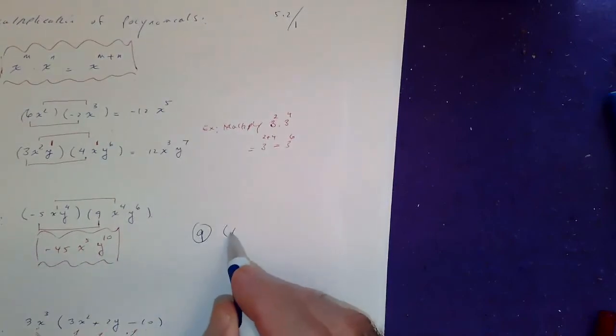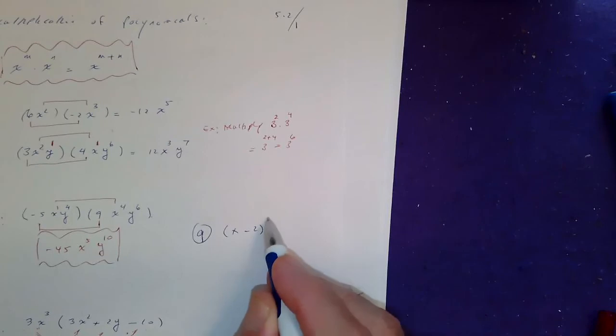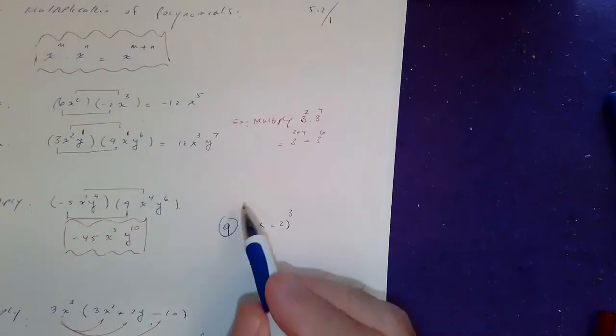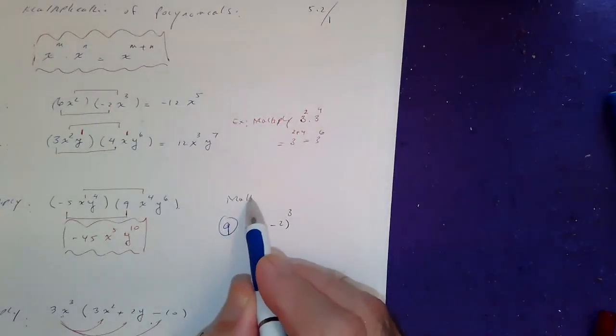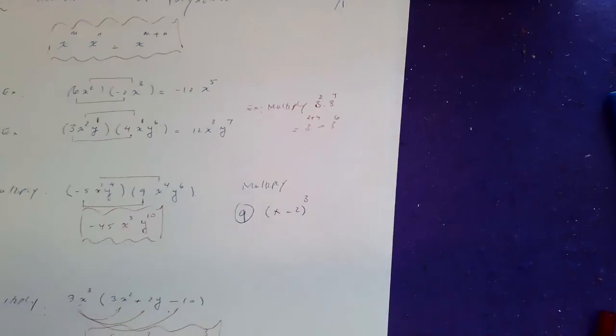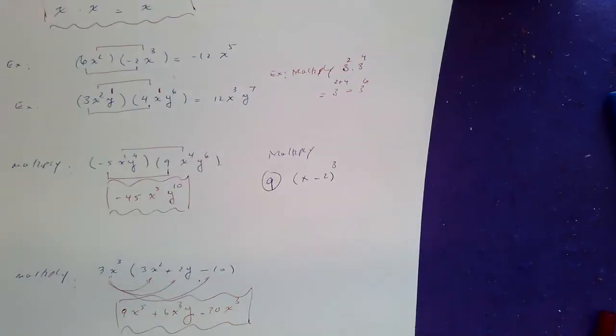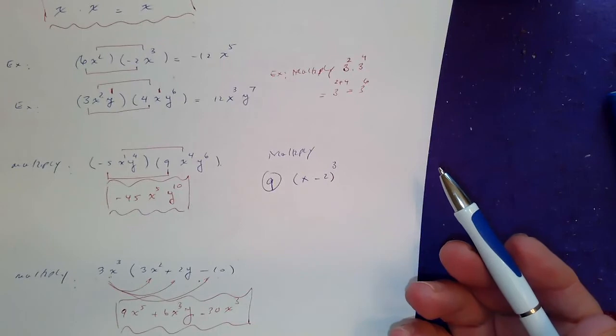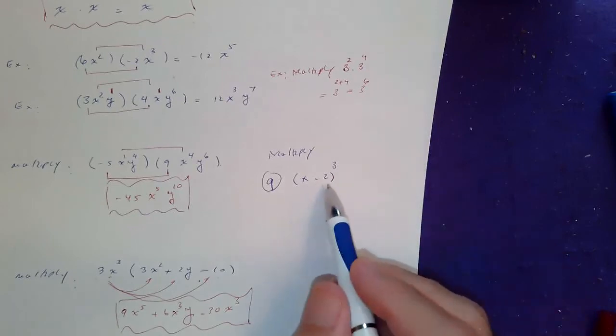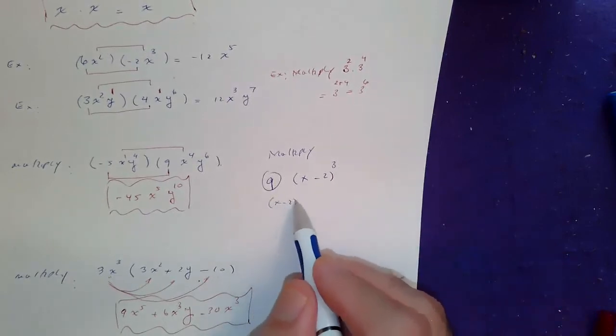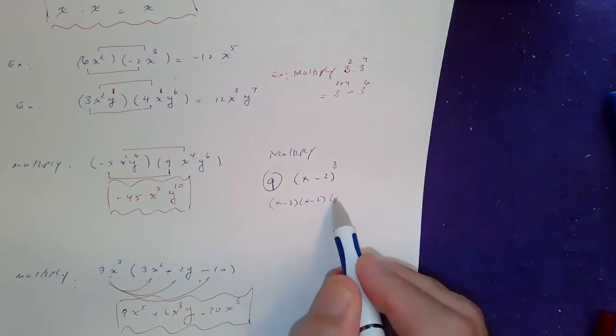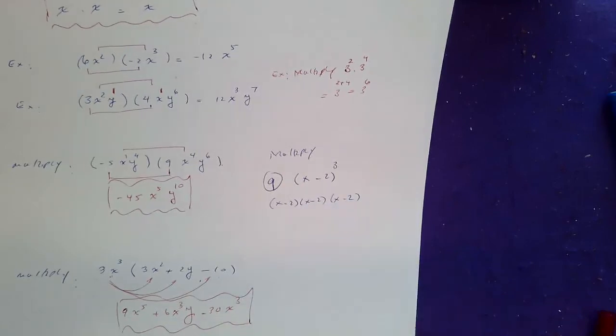And now let's say we have x minus 2 cubed. And the question is, once again, multiply. So your reaction might be, what am I multiplying, right? Well, did you know this is like x minus 2 times itself 3 times?